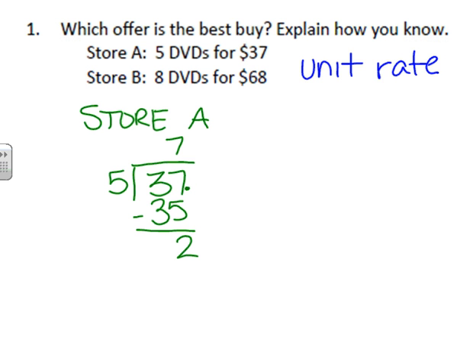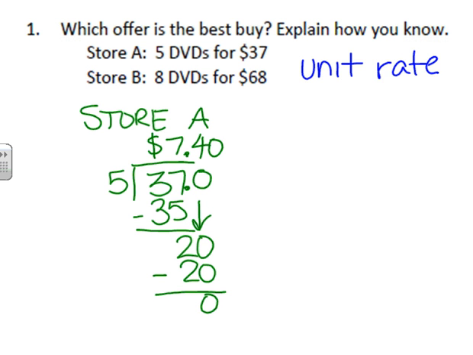And we need to add a decimal point and a 0 to break down. And 5 goes into 20 4 times. And then because I'm talking about money, I need a dollar sign, and then I can put in the last 0 to make it $7.40.